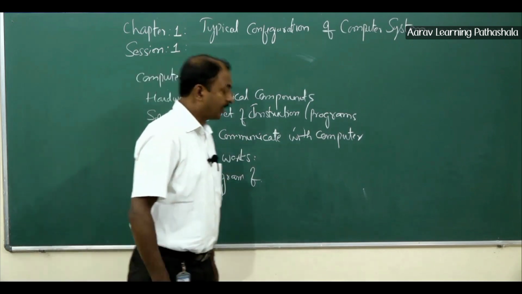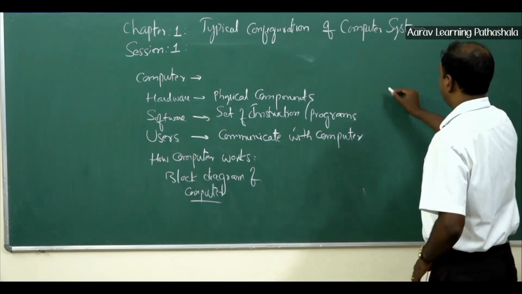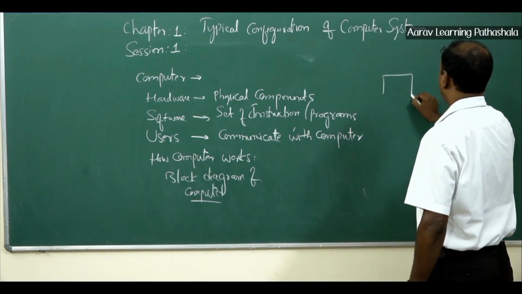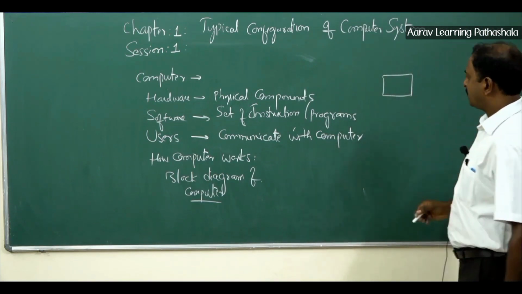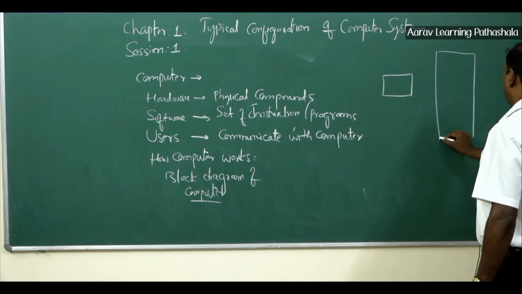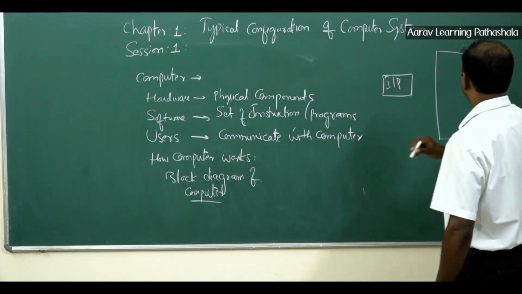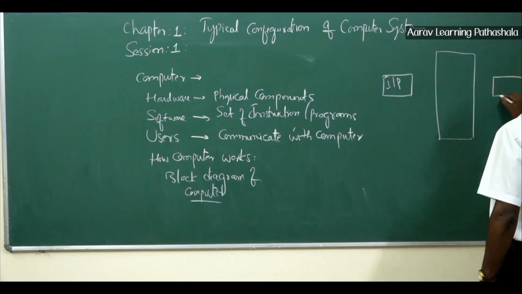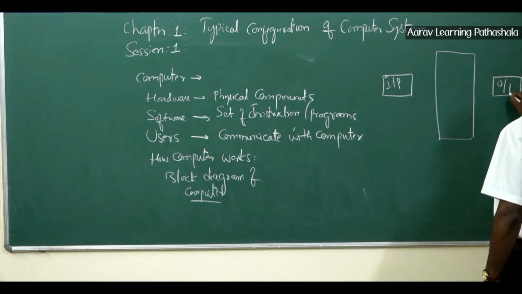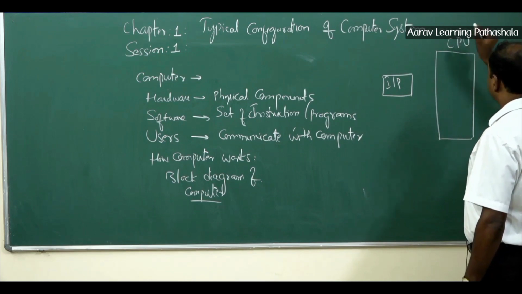How do we represent computers? This is the block diagram of computer system. Here is your input device or input unit, here is the output unit or output device, and this is the CPU.